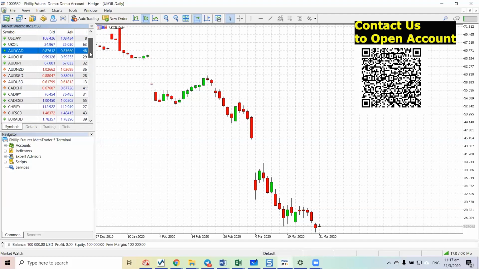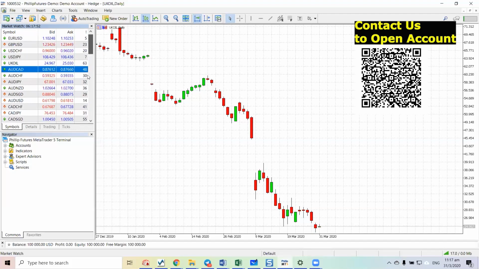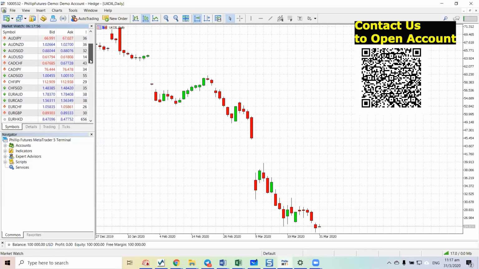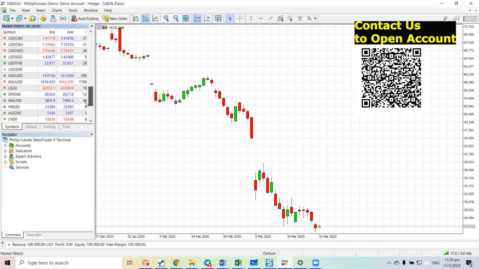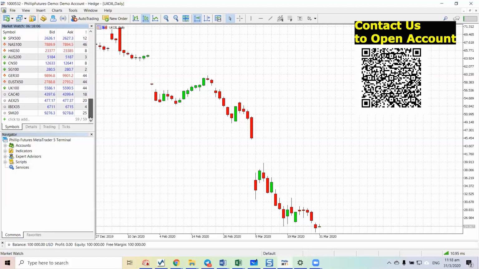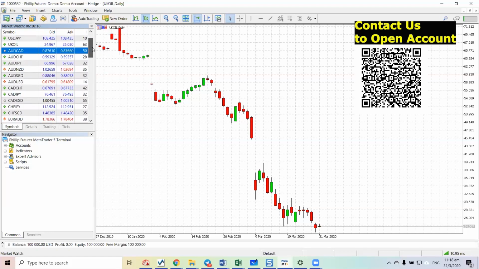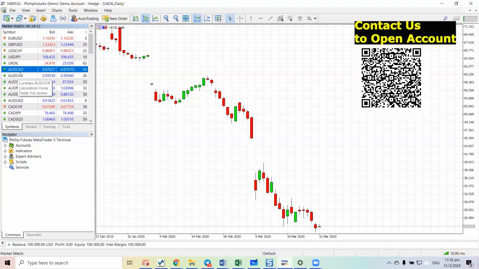This is all the products: the currency, followed by the stock indices, and followed by the crude oil we just input.